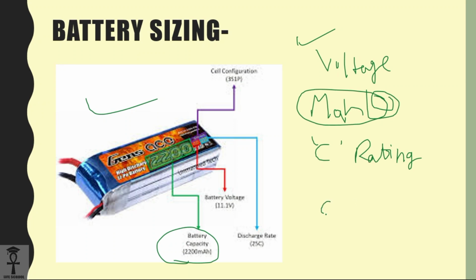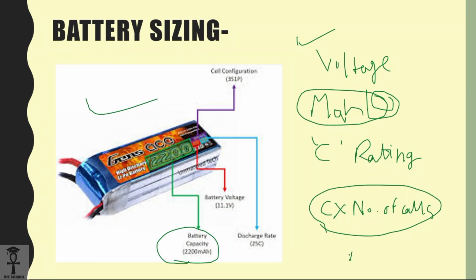So basically C rating into number of cells gives you the burst current. C rating is also known as the burst rating, burst current. So this is how you get the C rating.